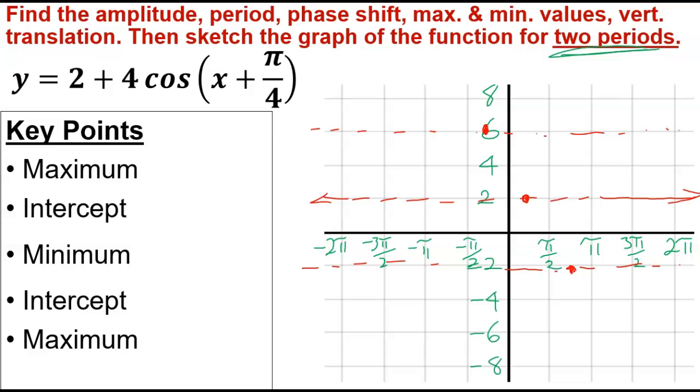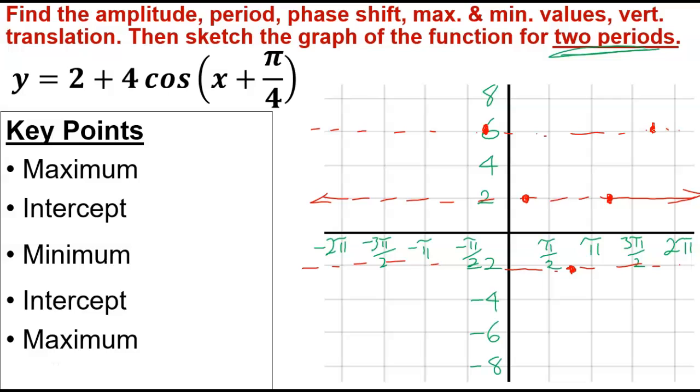And then the next will be 5 pi over 4, which will be between pi and 3 pi over 2 here, and we come back to midline. And then the next is 7 pi over 4, which will be between 3 pi over 2 and 2 pi, and it's going to go to, that's one period now.